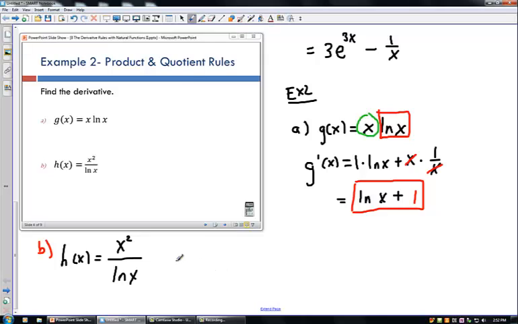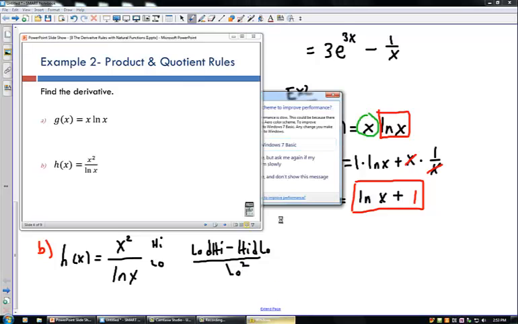To take the derivative of this one, we'll have to identify our high function and our low function and do low d high minus high d low, all over low squared, and away we go. Let me clear this off here.